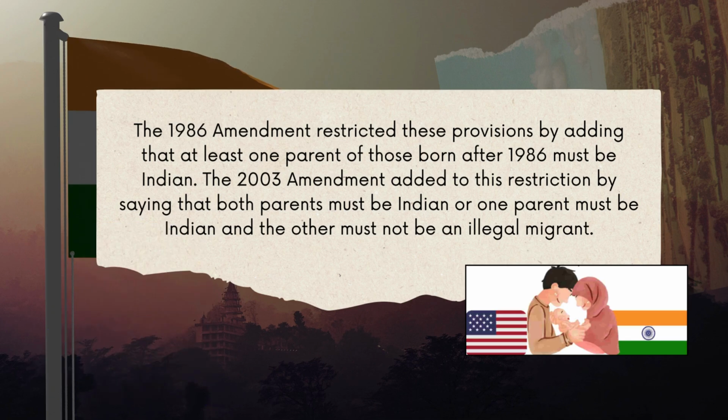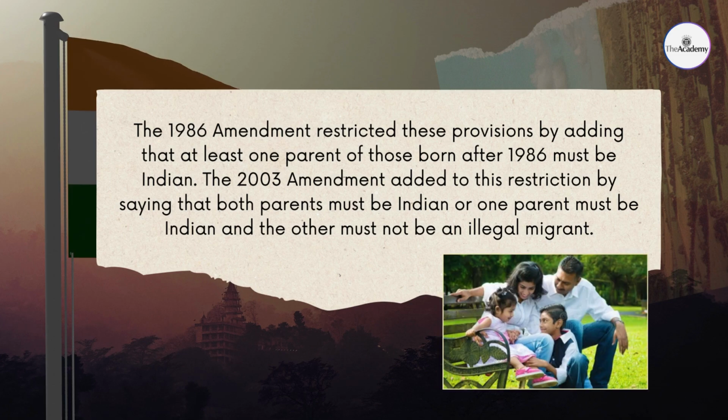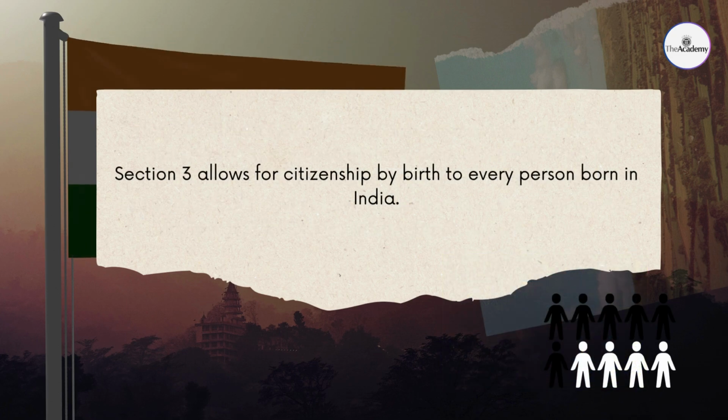In 2003, another amendment added one more restriction by saying that both parents must be Indian, or one parent must be Indian and the other must not be an illegal migrant. So we see Section 3 deals with the acquisition of citizenship by birth.